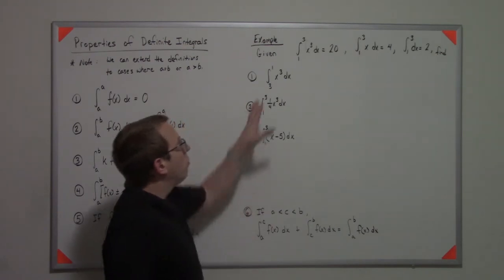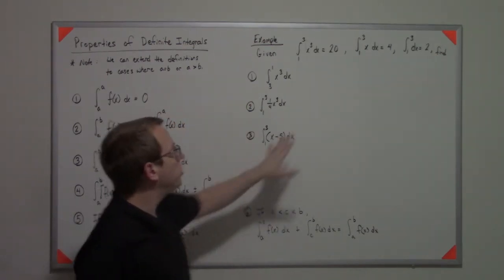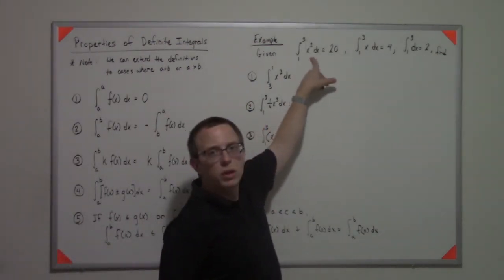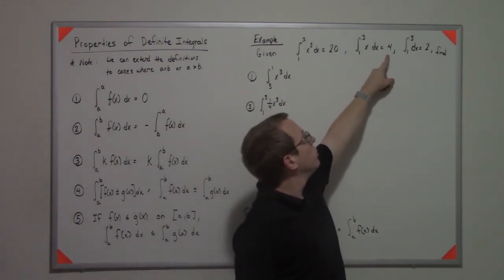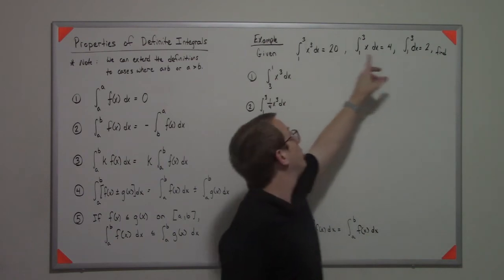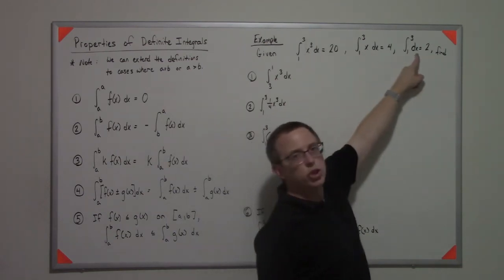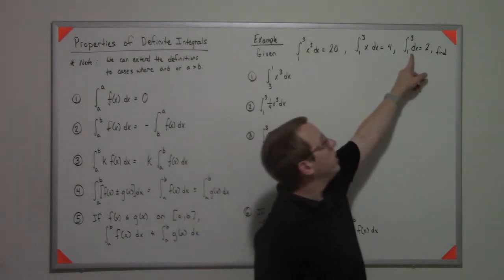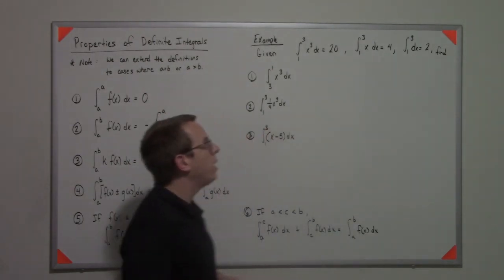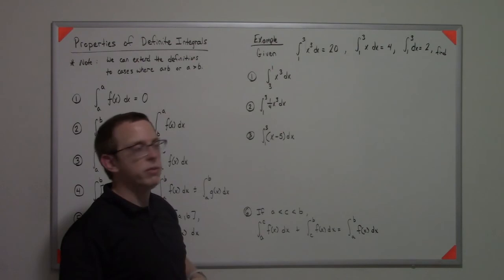So now we're going to put these properties to use. Given that we know this integral of x cubed is 20, this integral of x is 4, and this integral of just dx, which is like 1 dx, is 2, we want to find these values.